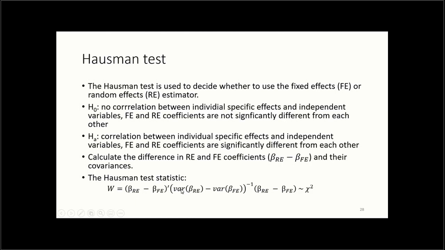And here we have the variance for the coefficients for the random effects and the fixed effects estimators, and then we have this difference again. So this is how this test statistic actually looks as far as an expression. That would be distributed as a chi-square variable, and we could be running this hypothesis test.